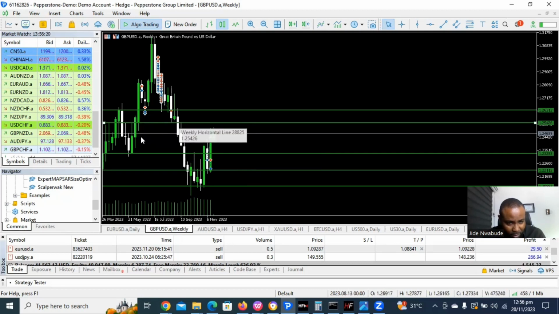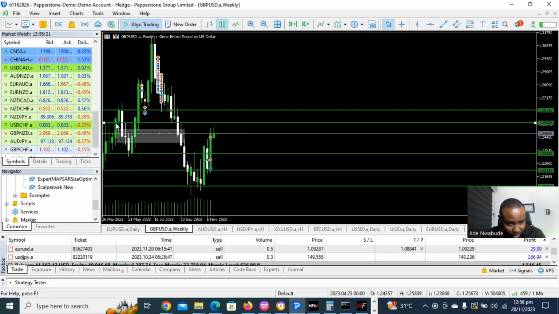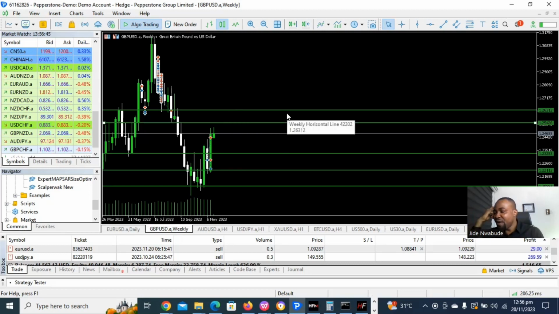So I have 1 body, 2 body, 3 body, but I have 1, 2, 3, 4, 5, 6, 7, 8. So price is likely going to respect here if it gets here. So this is the immediate one. This is where I'm expecting price to hit first. So my analysis can even start here. So 5 pairs. These pairs are conservative pairs.